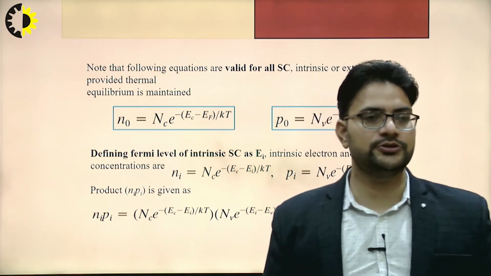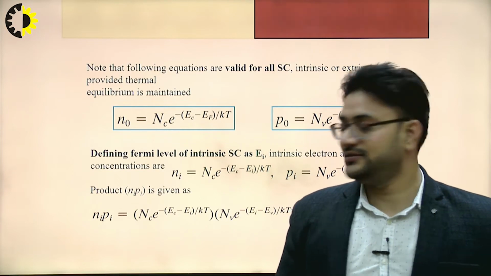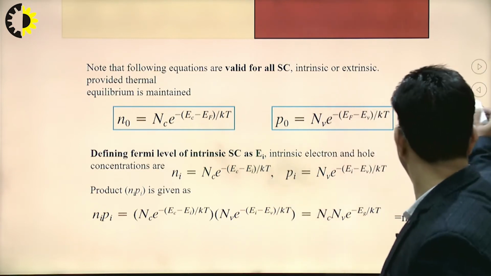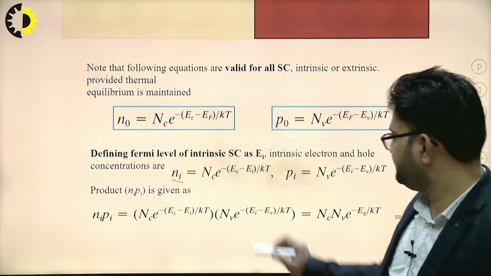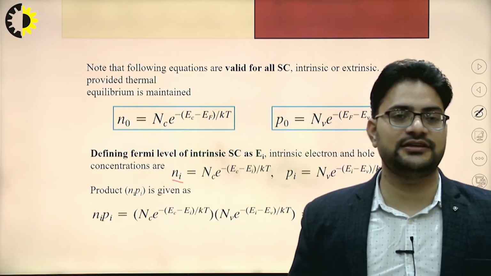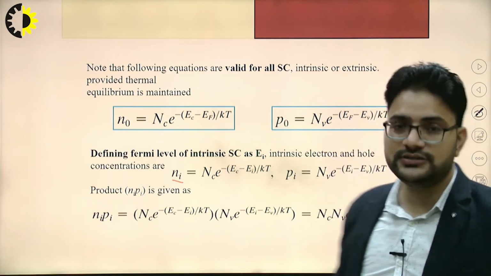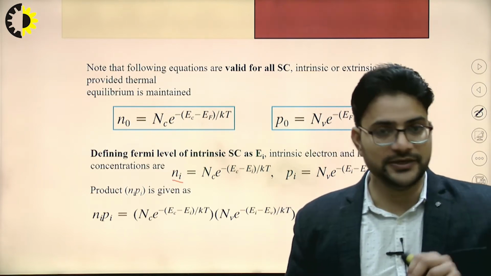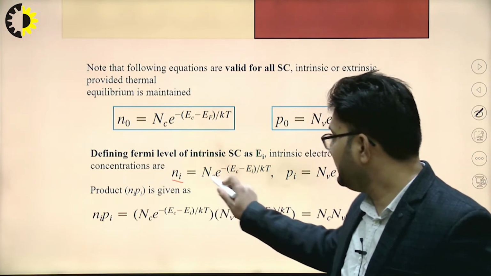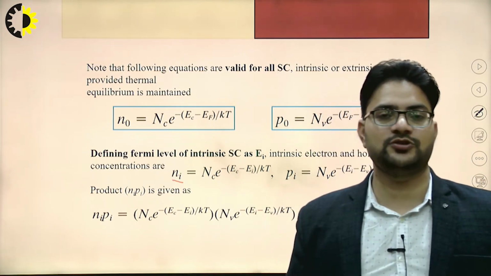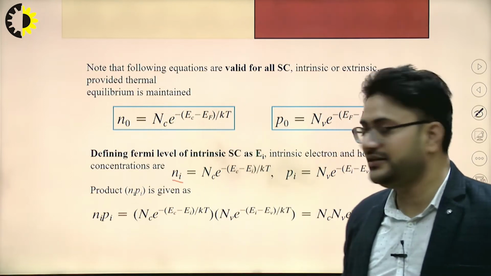So if I talk about the Fermi level of the intrinsic semiconductor, and if I denote this as Ei, then the electron and the hole concentration will be equal for the case of intrinsic semiconductor, and this is given by Ni is equal to Nc exponential of minus Ec minus Ei divided by Kt, where Ef is replaced by Ei here.